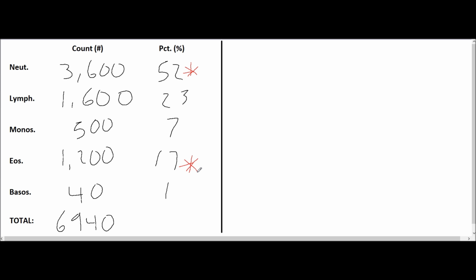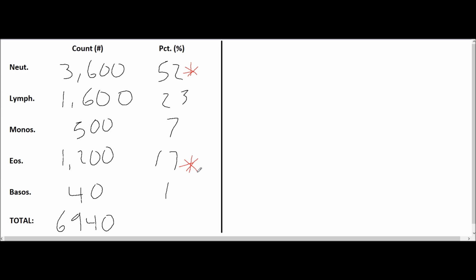So what that tells us is we need to look at what things might cause this. Again, if we look at the total count, 6,940 is in our normal range of total white blood cells. But if we look at our percentage, we have the abnormalities. And also the eosinophil count. 1,200 is most definitely high for eosinophils as a count as well.